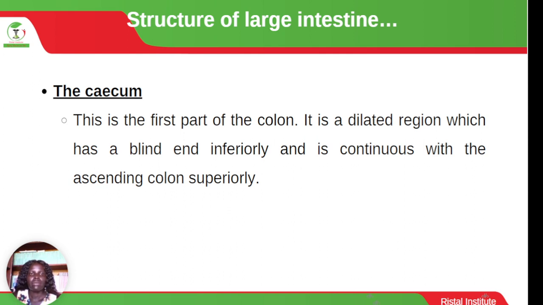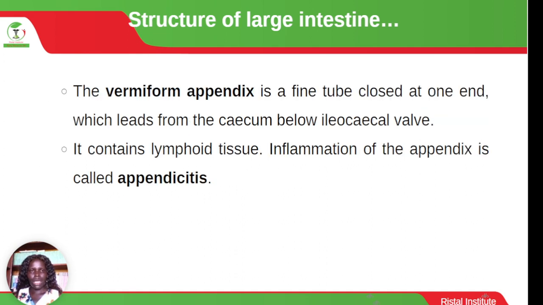The cecum is the first part of the colon. It is a dilated region which has a blind end inferiorly and is continuous with the ascending colon superiorly. The vermiform appendix is a fine tube closed at one end which leads from the cecum below the ileocecal valve.